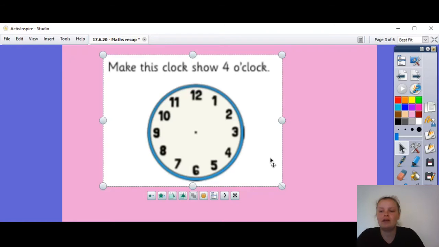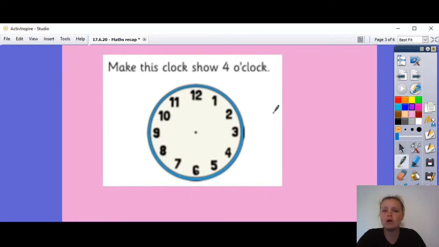Okay, so hopefully you would remember that when we're showing an o'clock time, the big hand always points to the 12. Okay, so the big hand, the large hand, always points to the 12 for an o'clock time. Okay, so it's o'clock. See there? Now it tells us what time with the 4 there.